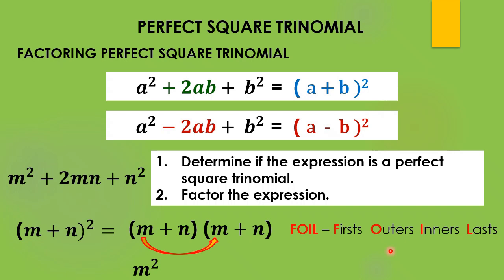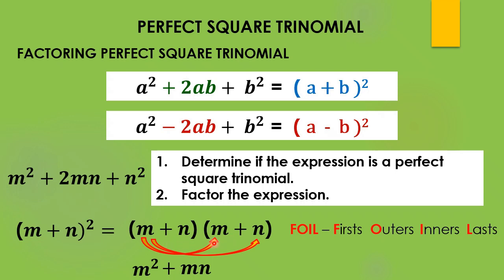And then what is next? Outers. So we're going to get the outer terms, which are m and n. Multiply m and n, that will give us plus mn. After that, we're going to multiply the inners. Inners are the terms between.